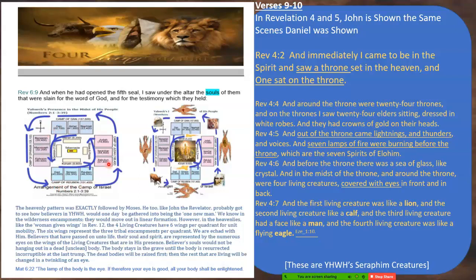Now, these 12 tribes each had a lead tribe, a lead banner. We know Judah was the lion. Dan was the eagle, even though sometimes he is referred to being symbolic of a snake.